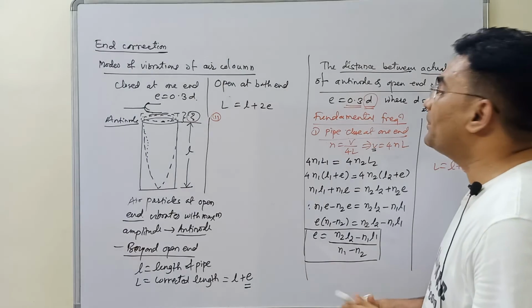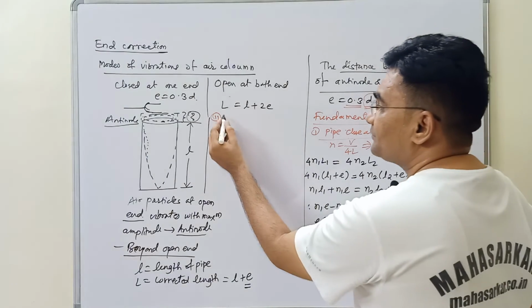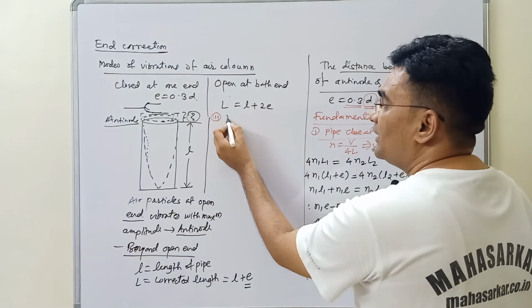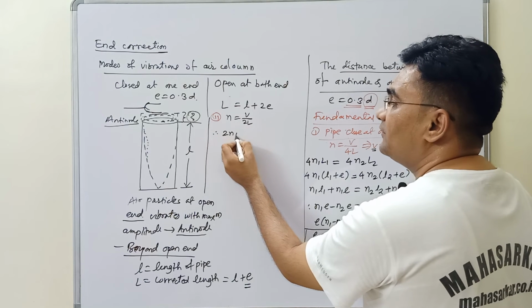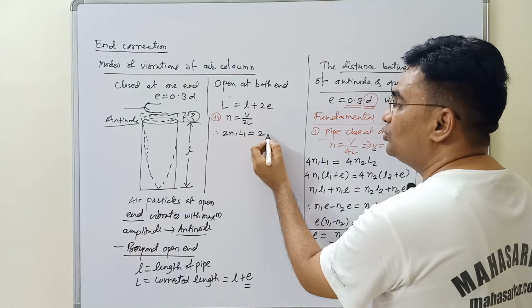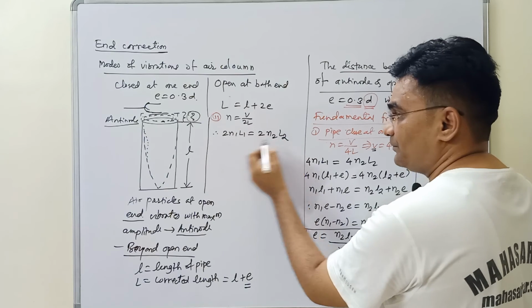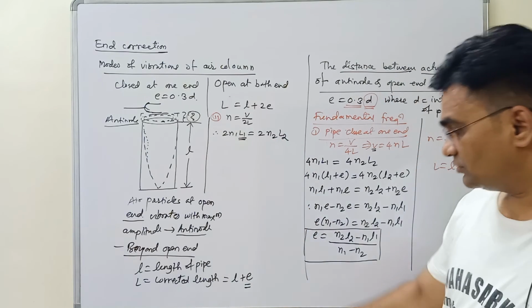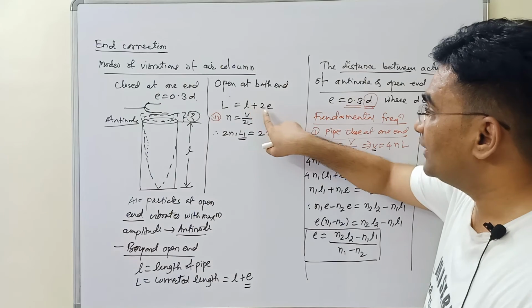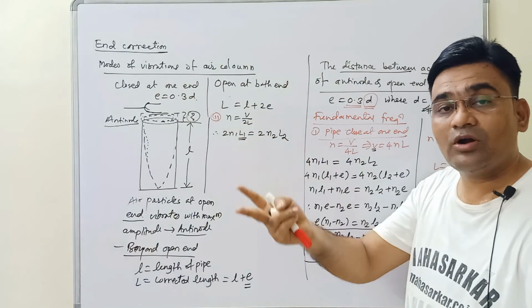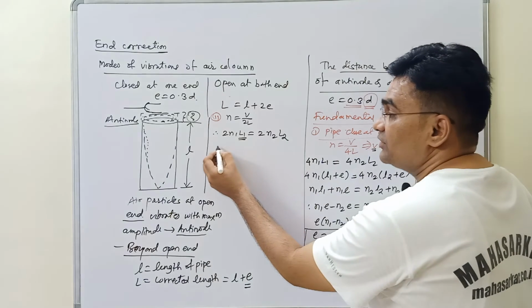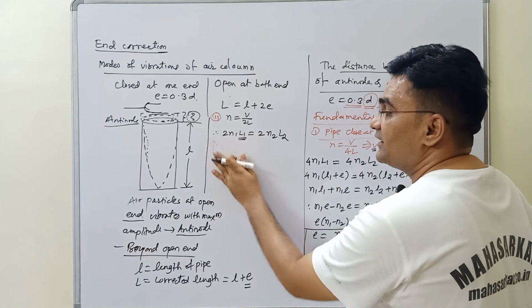For a pipe open at both ends, we get N equal to V upon 2L. Therefore, 2 N1 L1 equals 2 N2 L2. As the pipe has both ends open, antinodes form at both open ends, so we add the end correction twice, and the 2 cancels directly.